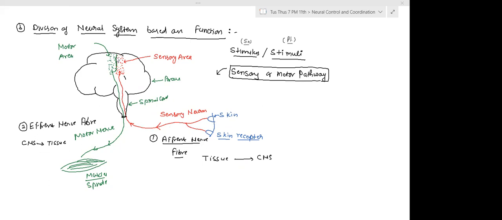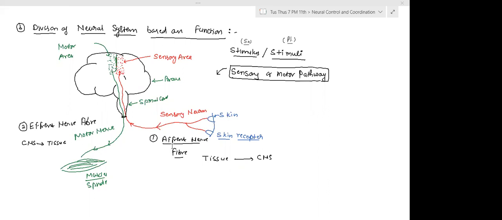They take it towards the brain. The nerves which take the information toward the brain are called sensory nerves, right? There is a certain area in our brain called the sensory area. The sensory area senses the stimulus, right? Sensory nerves are also called afferent nerve fibers. So afferent means those which take information towards the brain, right?